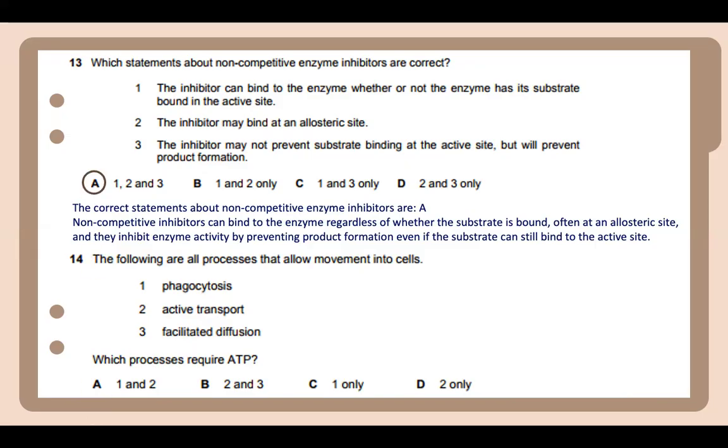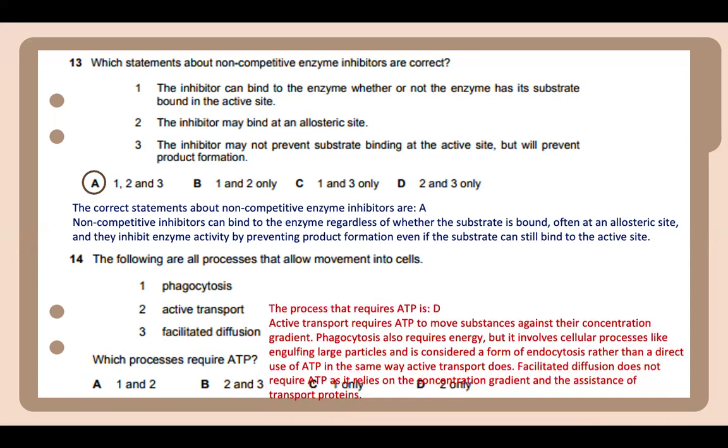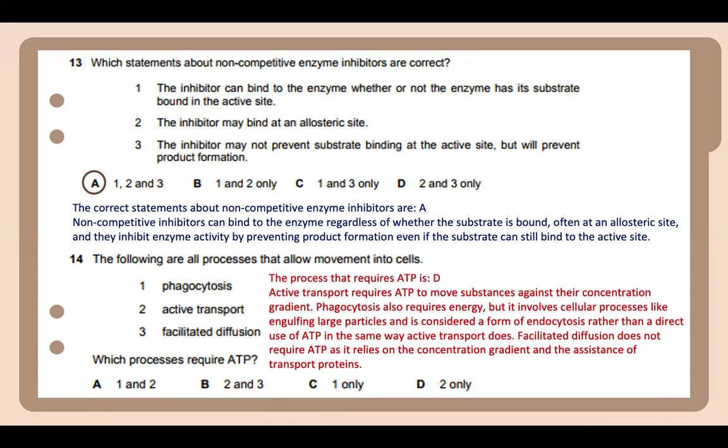The following are all processes that allow movement into cells. Which processes require ATP? Active transport requires ATP, which is statement number 2, to move substances against their concentration gradient.